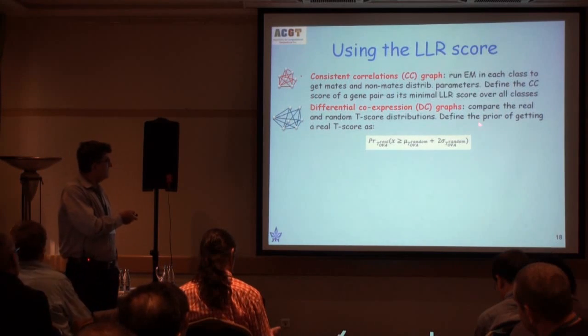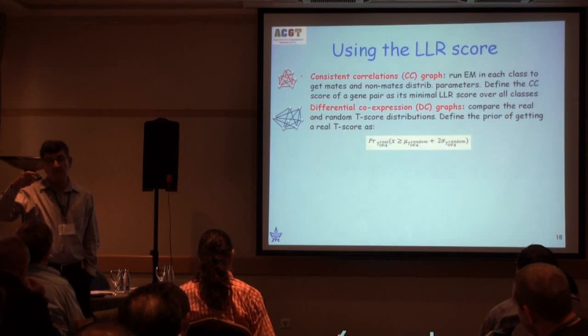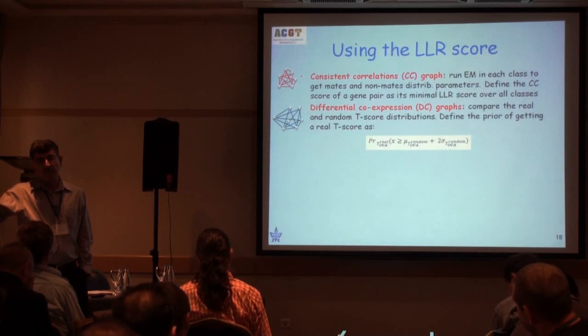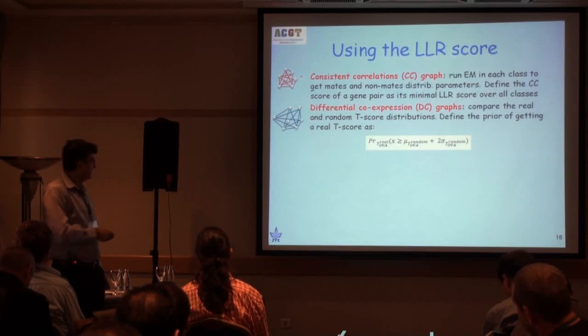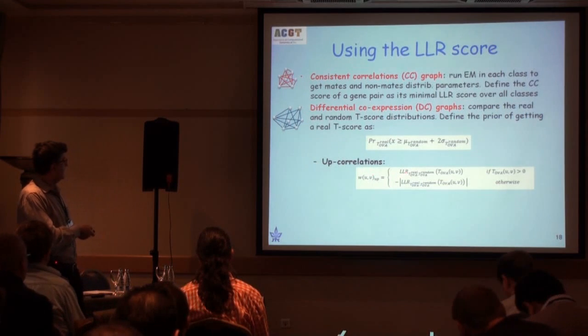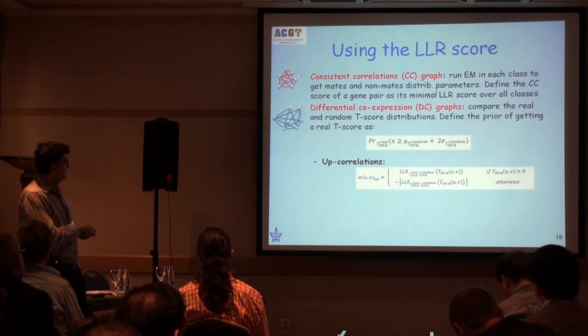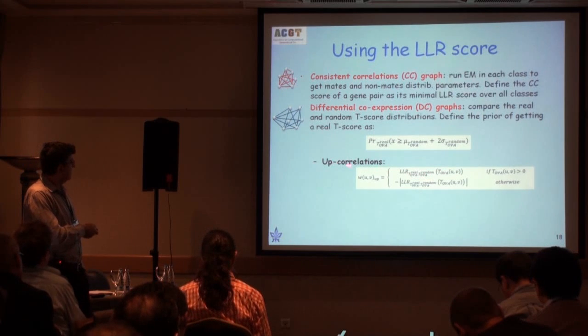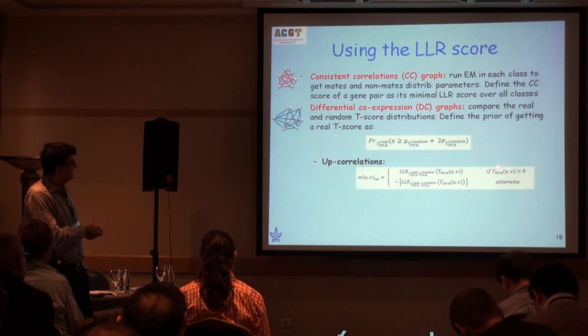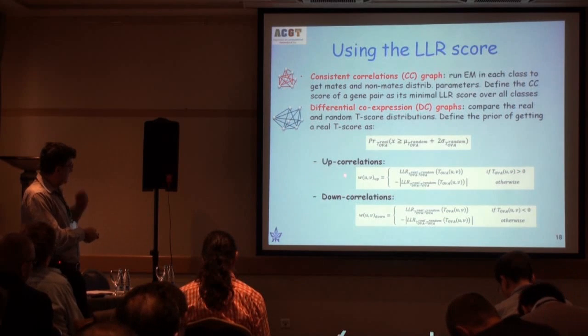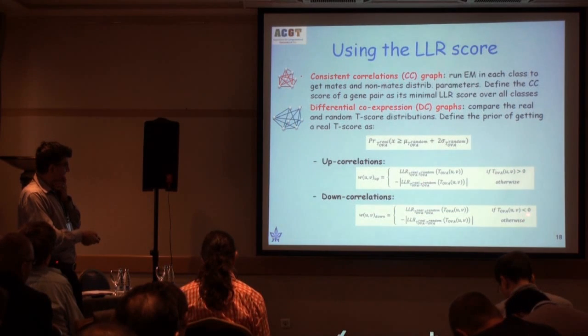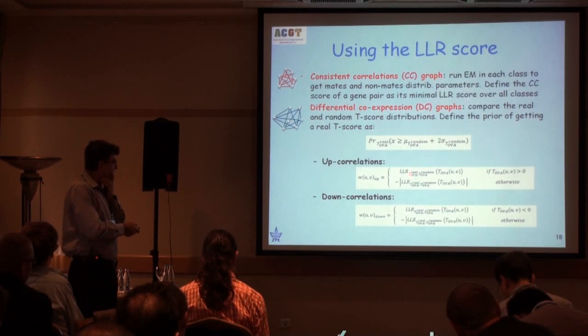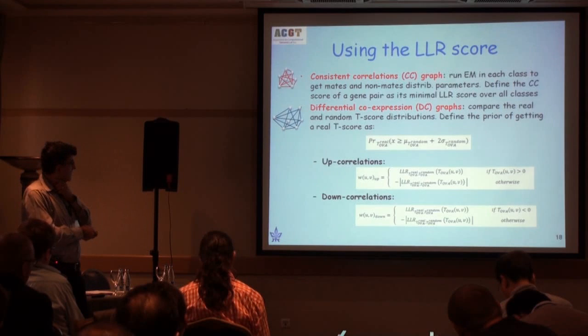So now we have this prior, this is the P, the probability of obtaining a value from F1 compared to F0. And again, we'll be using the log likelihood ratio score, differentiating the case when the t-score is positive and symmetrically the case that it is negative. Okay, so we will be using the log likelihood ratio score using the randomized distribution as a way to normalize the data.